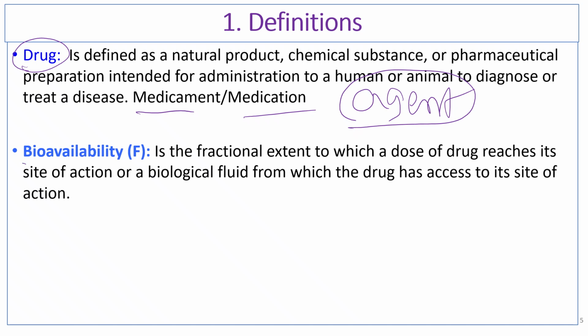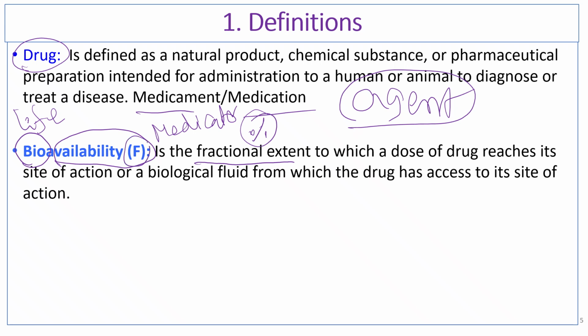So bio means life. So availability, right? What availability? The medication. So where is it available? In the circulation, right? In the systemic circulation. The fraction, right? The fraction means percentage.